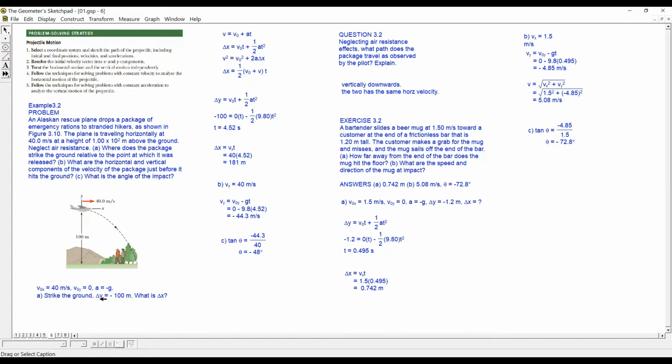When it strikes the ground, the delta y is negative 100. So what is the delta x? Delta x is the horizontal distance. Delta y is the vertical distance. Okay, right. So we have here one, two, three, four equations.